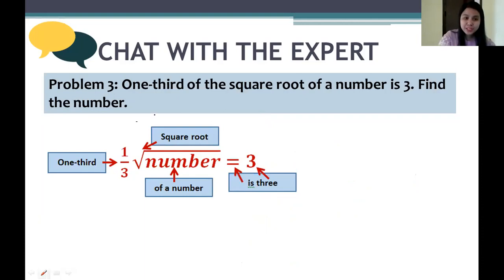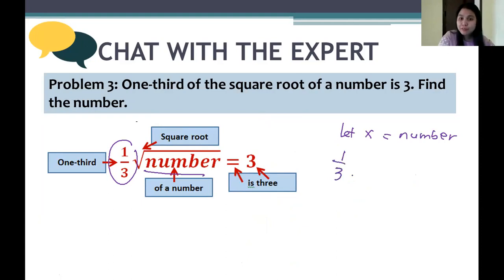Now, one third of the square root of a number is 3. Find the number. We don't know the number yet, so we say, let X be the number. Let's equate it. 1/3 of the square root of a number is equal to 3.